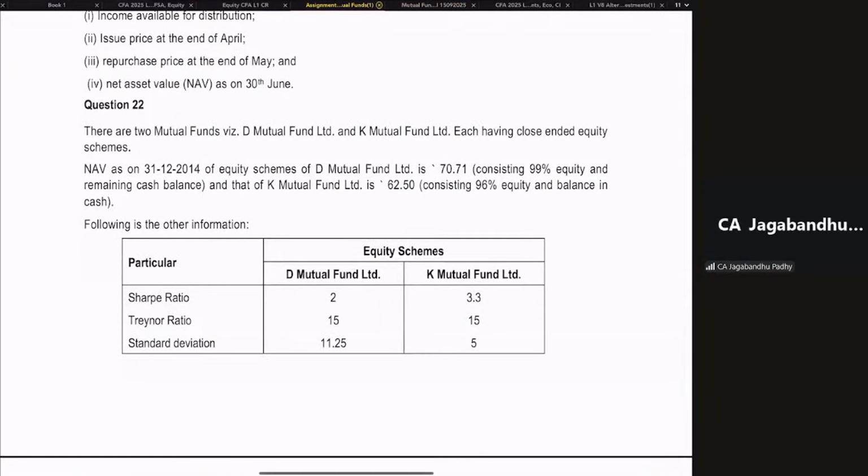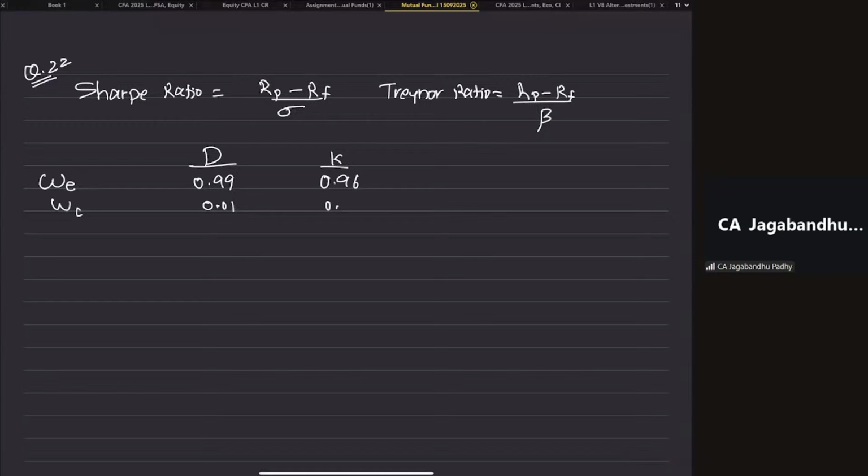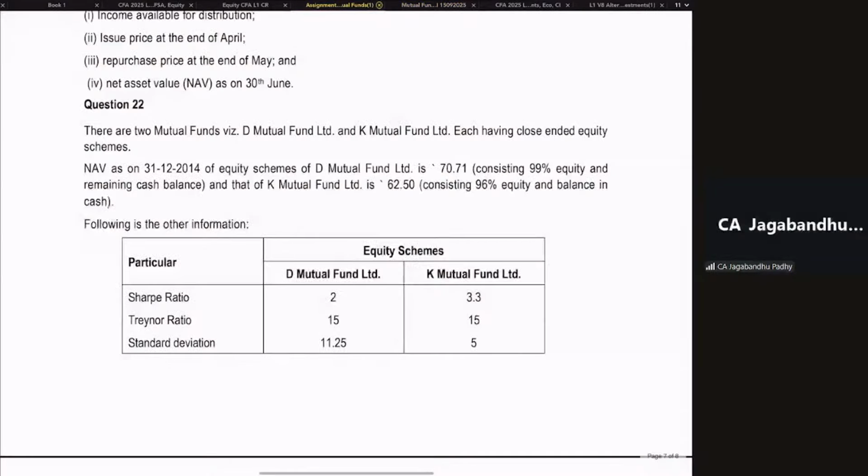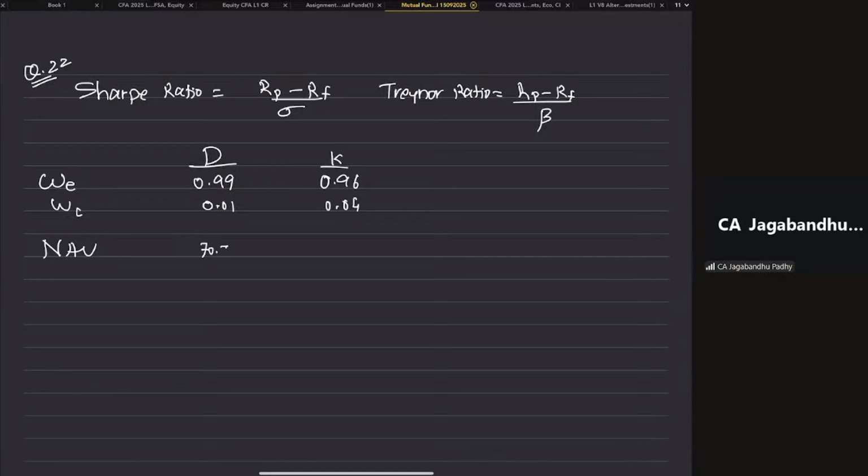Whereas K mutual fund has 62.5 as the NAV, but it has got 96% equity and 4% cash. And the NAV for D and K is 70.71 and 62.5. That's your NAV.